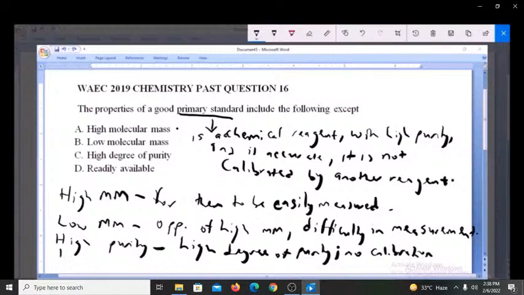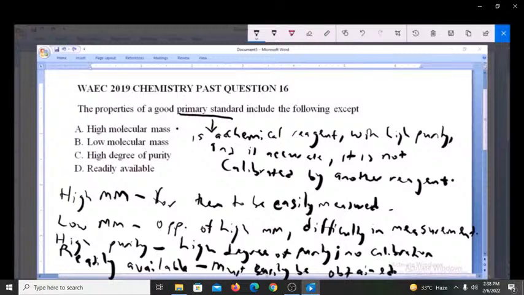And lastly, readily available. Of course, a good primary standard must be available, readily, must easily be obtained without difficulty.